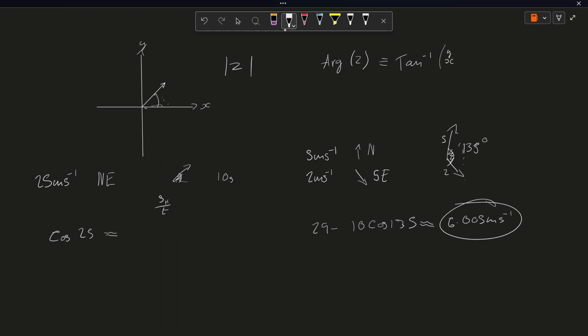gives you something strange. Why did I get that? Cos 90 obviously 0. I forgot to multiply. I'm a muppet. Okay. 25, and then the angle itself is 45. What am I saying?